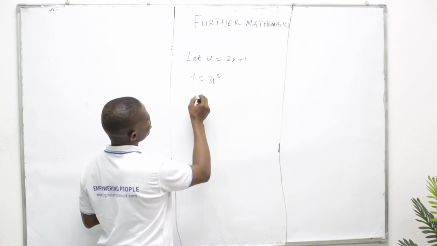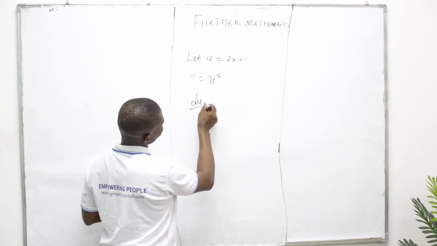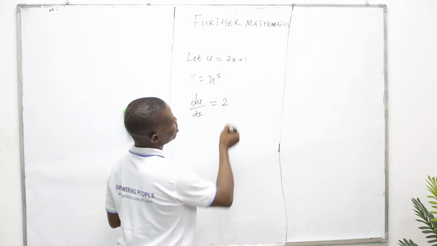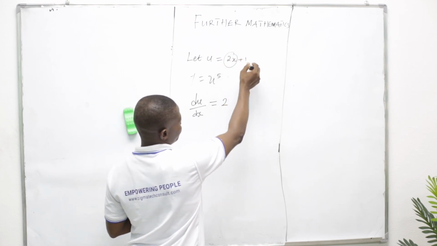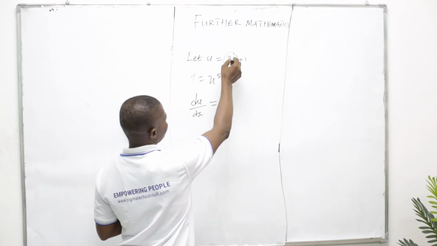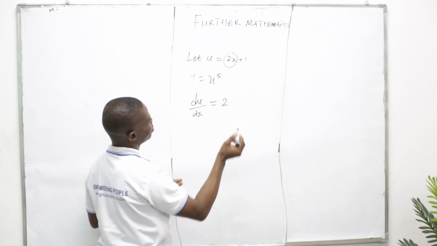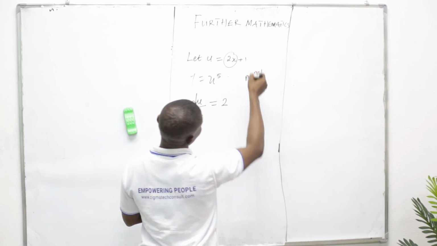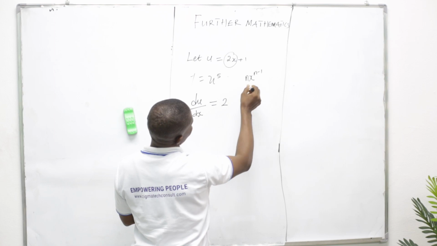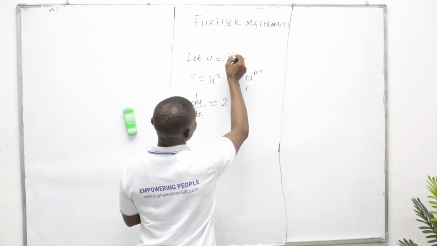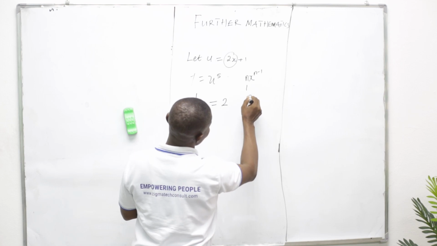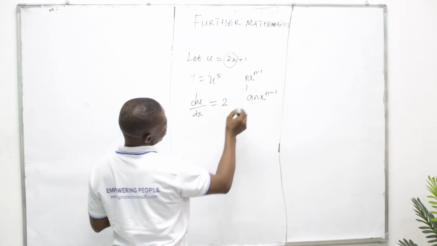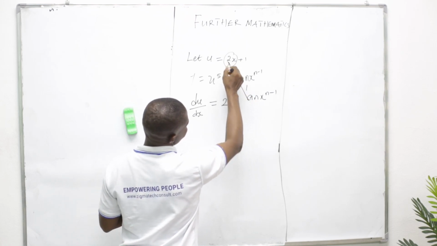From here, you can see that du over dx equals 2. You are differentiating here, because differentiation of a constant is what? 0. For that of 2x is what? 2. How? Look at the general formula, n into x raised to power n minus 1. The power here is what? 1, all right? Okay, the coefficient is greater than 1, therefore use a n x raised to power n minus 1, where 2 represents the a.